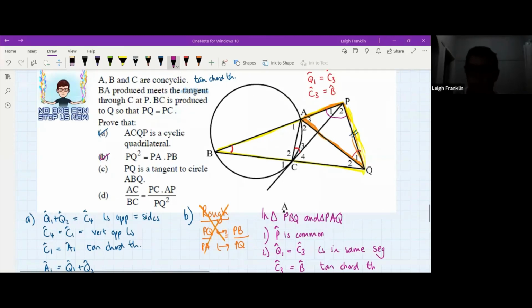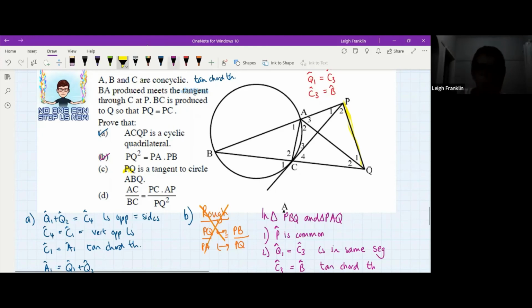All right, so let's just rub all of this stuff out. Okay, so here is PQ. There's PQ over there. So I just highlighted it in yellow. PQ is over there, and we want to prove that it is a tangent to circle ABQ.